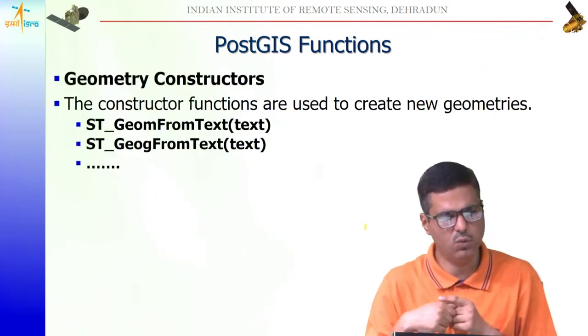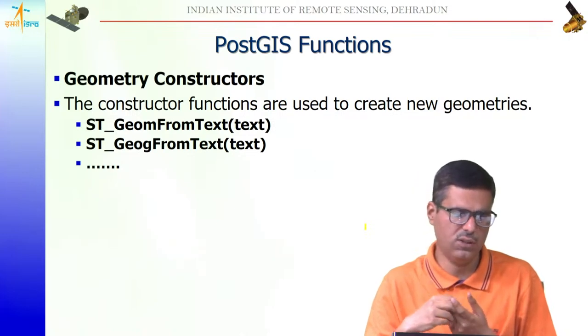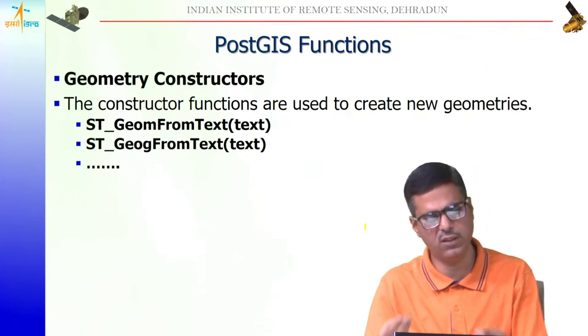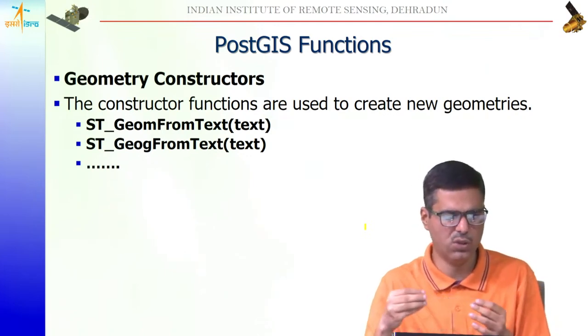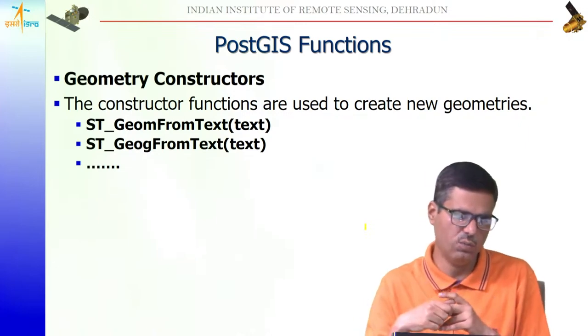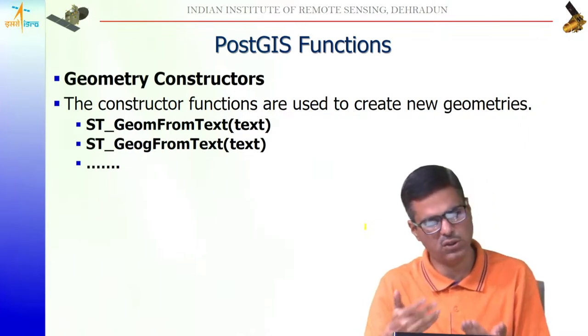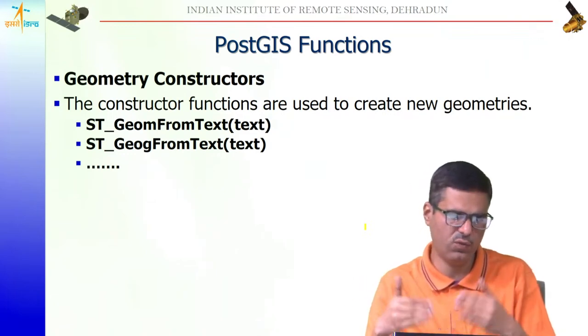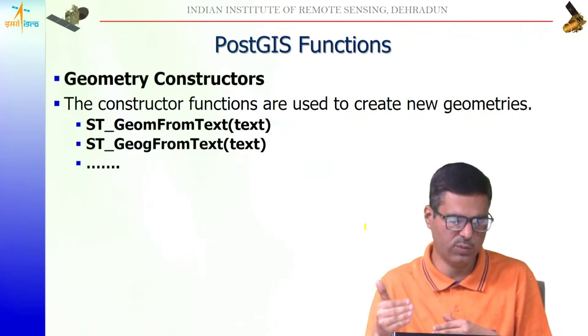To construct or insert the geometry, since we can't directly put the geometry inside the tables because in Postgres it is generally stored in the form of hexadecimal, Postgres provides functions like ST_GeomFromText or ST_GeogFromText, depending on whether it is a geography type or a geometry type.